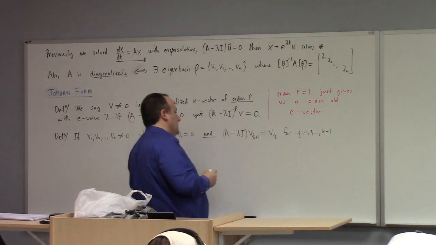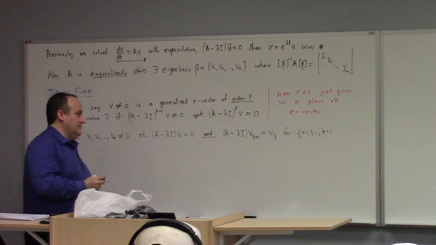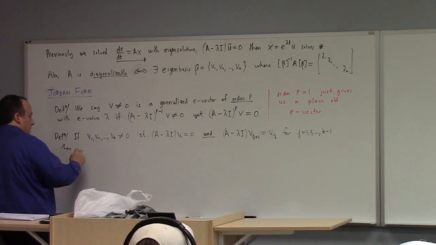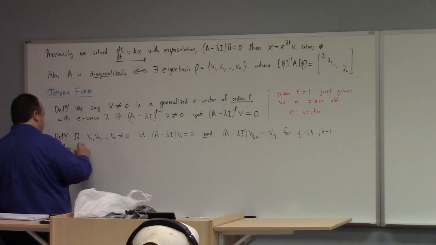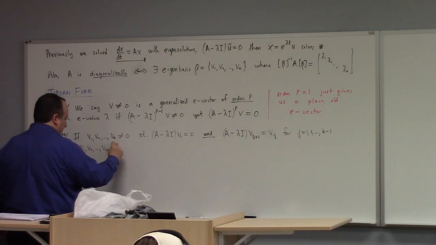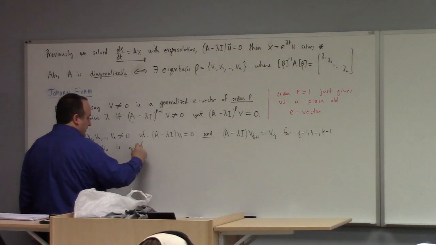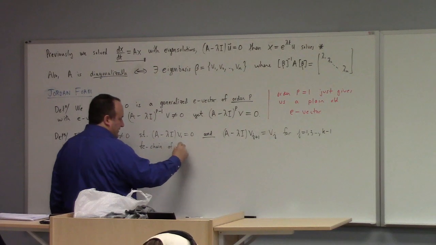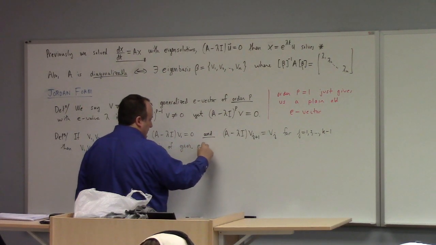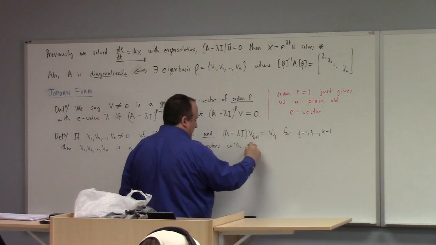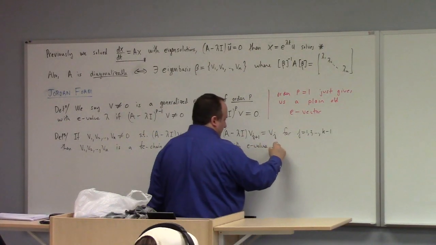Other way around, my bad. Then v1, v2, ..., vk is a k-chain of generalized eigenvectors with eigenvalue lambda.